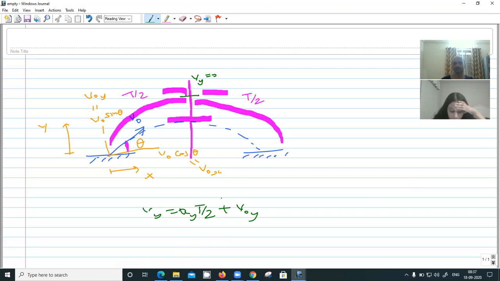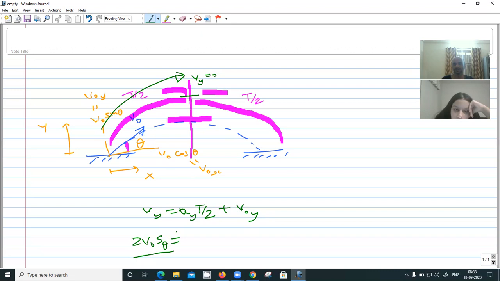Here we are considering the y component, so I'm just putting Vy, Ay and V naught y, and the time is T by 2 because it is the time to go from here to here. So from this I can get T by 2 as 2 V naught sine theta divided by what is Ay?